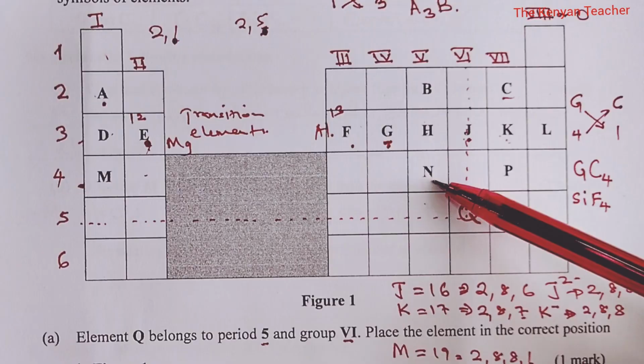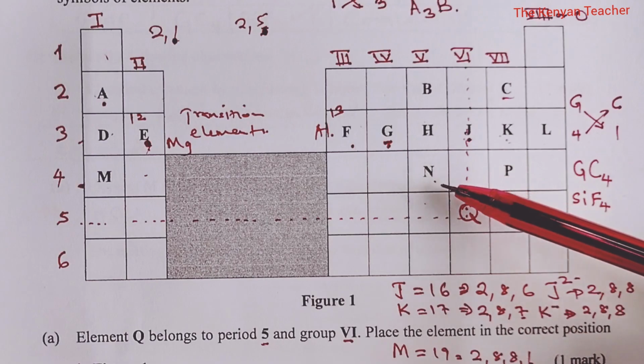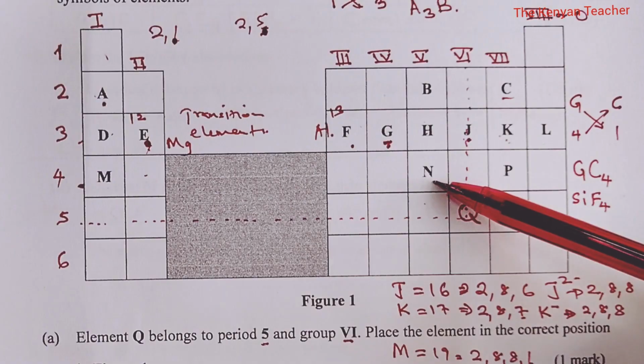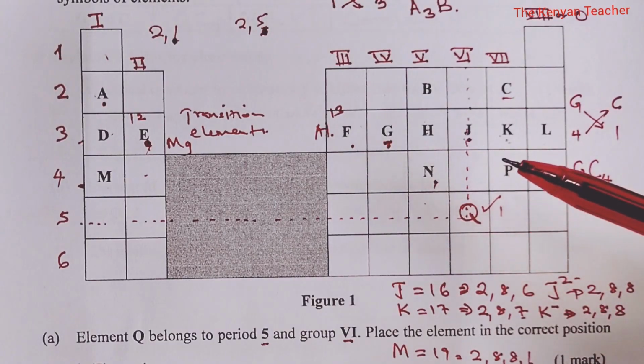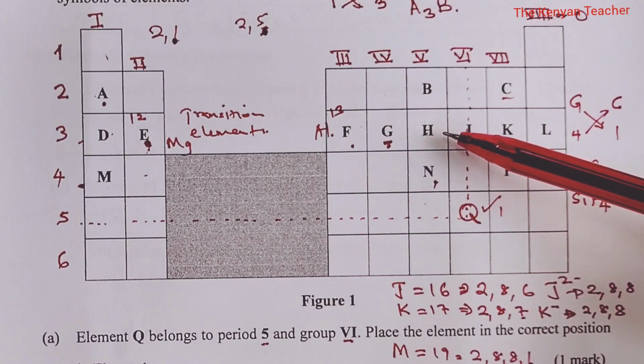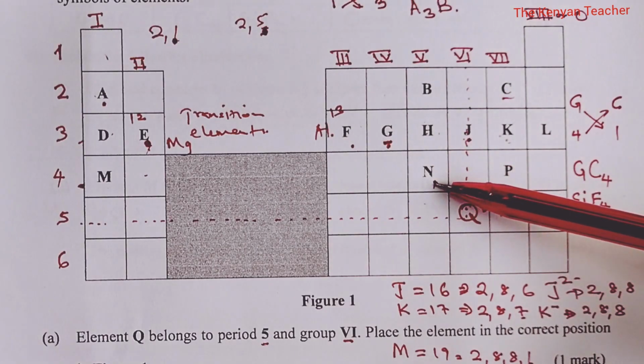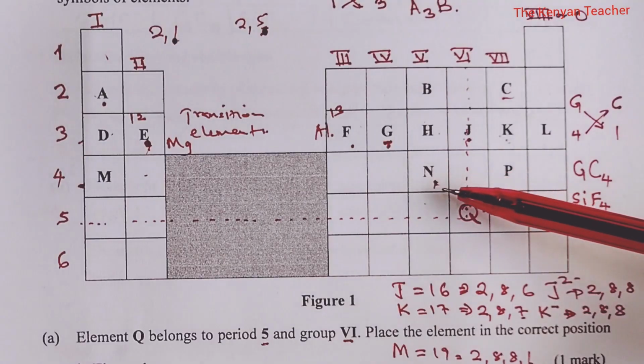H and N are here. Unfortunately, N was not part of the first 20 elements, so we could not relate it to an element that we know. So we realize that H and N are non-metallic atoms. So they form what we call molecules.